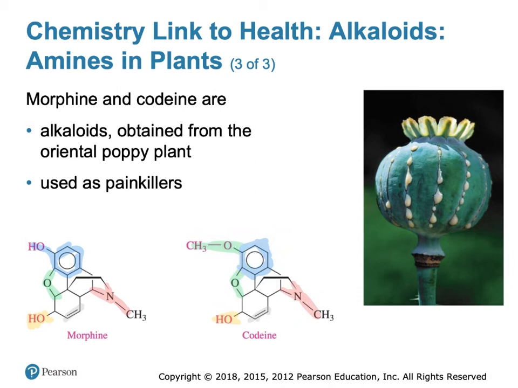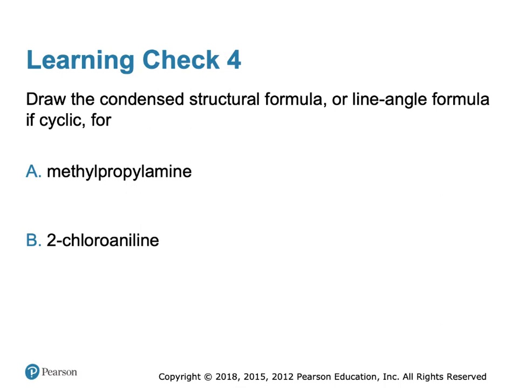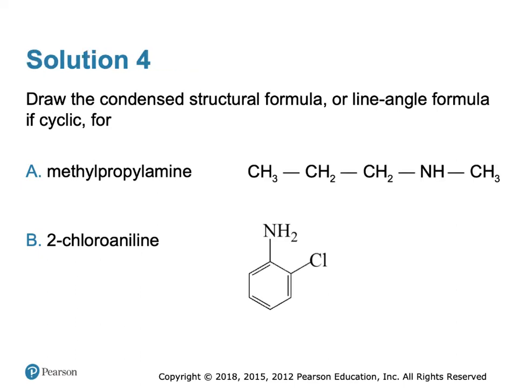So this is the type of structures you're going to have to identify, the types of functional groups. I'm going to give you a complicated structure, and you have to identify the key functional groups that we've discussed. Right, so you're not going to have to draw the condensed structural formula or line angle formula for an amine when you're given the name. I could give you a molecular formula, and then you have to draw the different isomers, as I did in a previous video for the carboxylic acids.